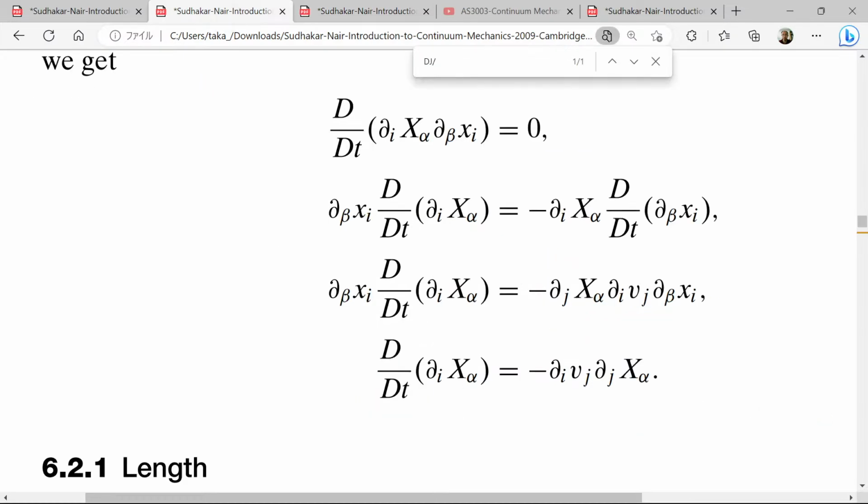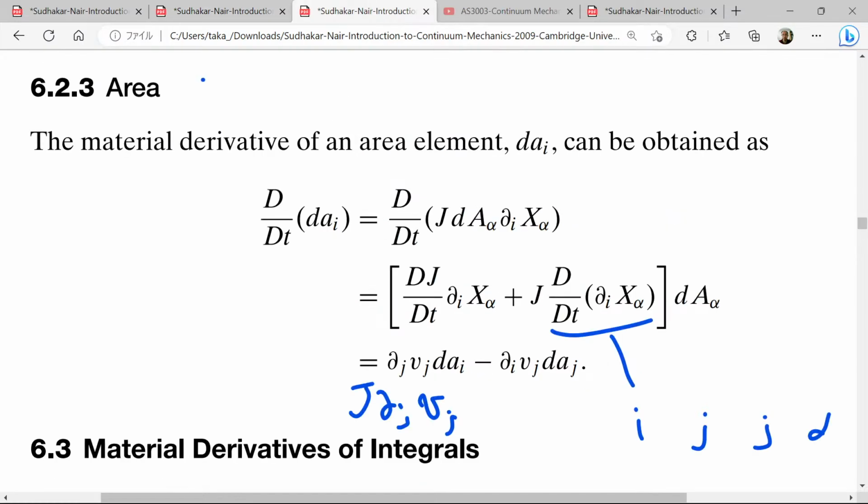So then partial v, partial x, partial v, partial large X. Then you have minus sign.